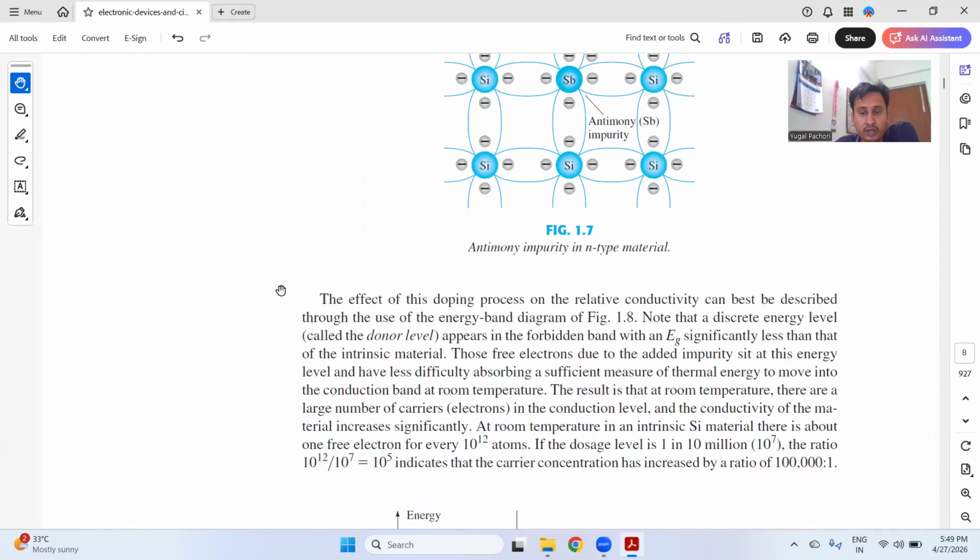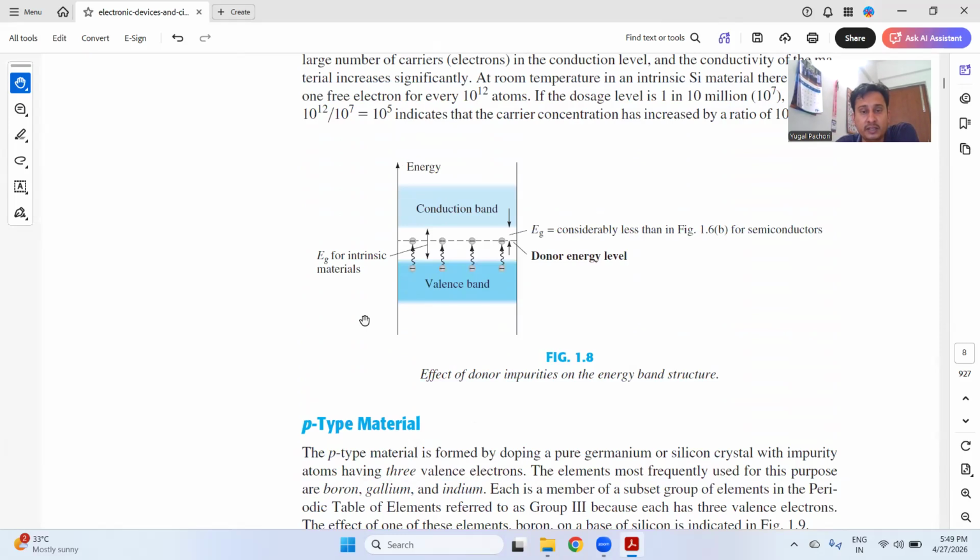So let's continue our discussion. You can see this is the valence band, this is the conduction band. When the electron jumps from the valence band to the conduction band, conduction happens. And look at this donor energy level. The energy level shifts upward because there are more electrons. That's why it is shifting upwards. And this concept I will try to explain in the further diagrams.